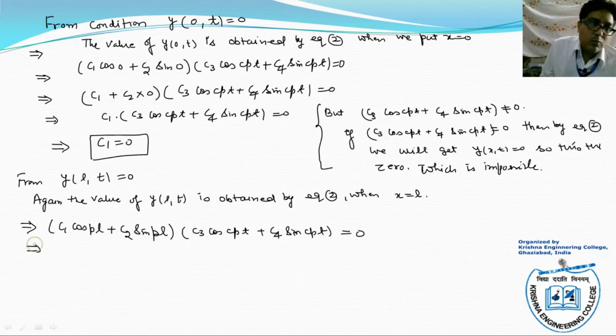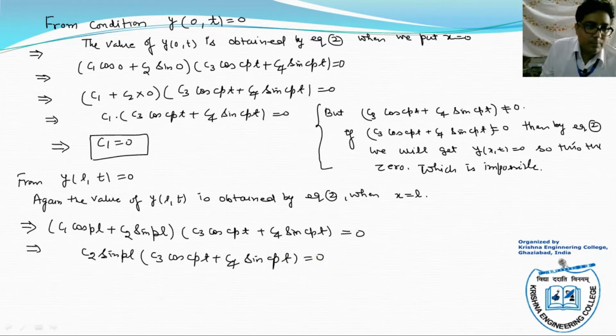But the value of C1 is equal to 0, so this becomes C2 sin pl into C3 cos cpt plus C4 sin cpt is equal to 0. Clear? Again here, C2 sin pl, the product of three terms, C2 sin pl into C3 cos cpt plus C4 sin cpt is equal to 0.